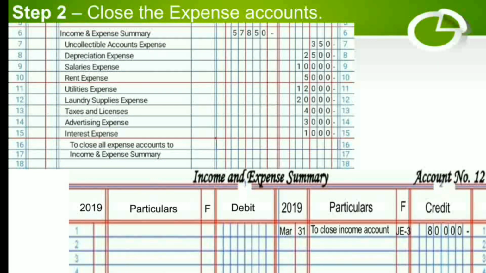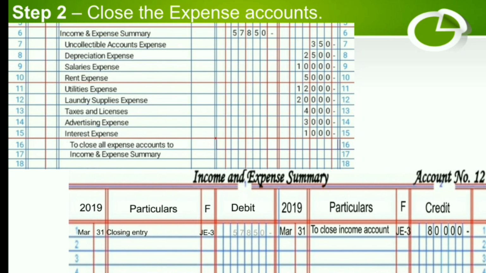Closing entries are prepared at the end of the accounting period, and in the case of Davao Laundry Services, its end of accounting period is March 31, 2019. So that's why we have it here, for March, and the date 31. For particulars, we simply put closing entry, and for folio, it's JE3 since the second closing entry is written on page 3 of the general journal.